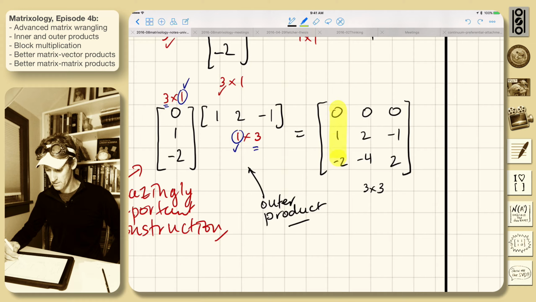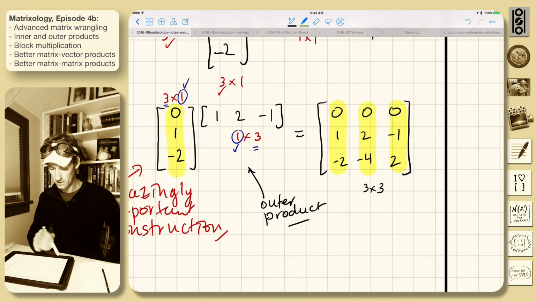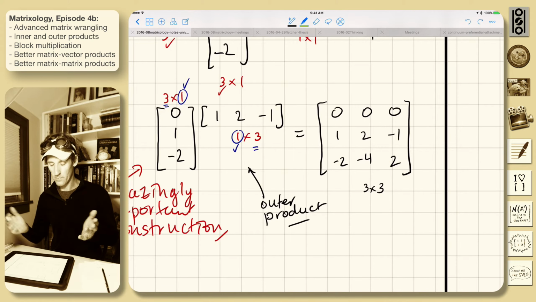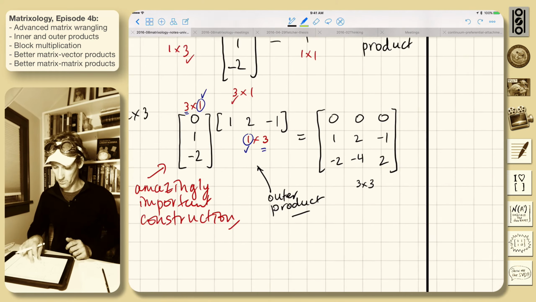But let's look at it another way. If we go down here, this is this column: 0, 1, minus 2, 0, 1, minus 2, and 0, 2, minus 4, just multiplied by these 3 numbers. So we have lost information. These columns and these rows are multiples of each other.